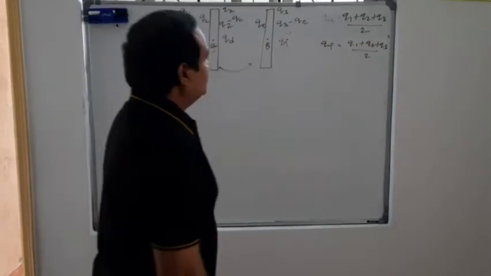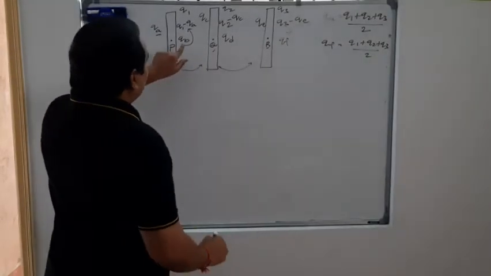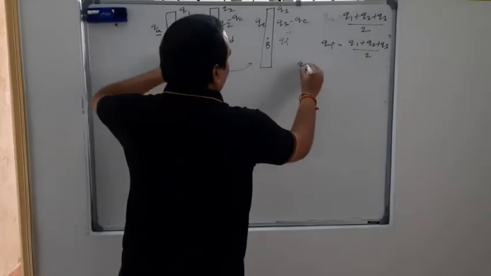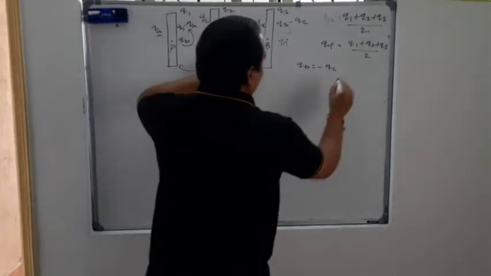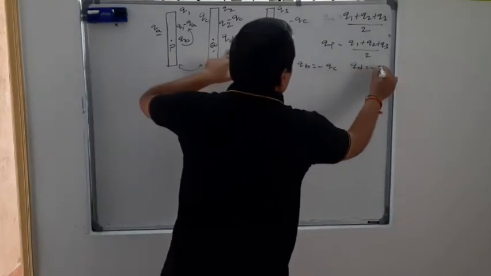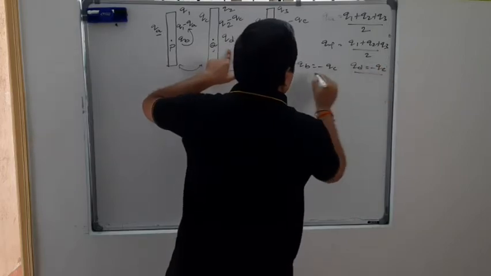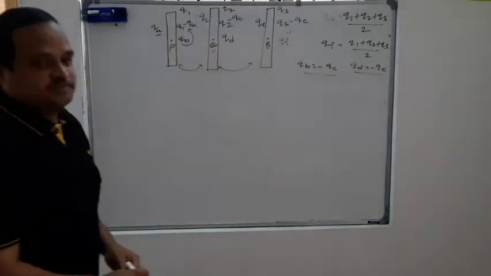This is the main formula, right? And for the inner plates, QB is equal to minus QC, and QD is equal to minus QE. So these are the points which you have to remember.